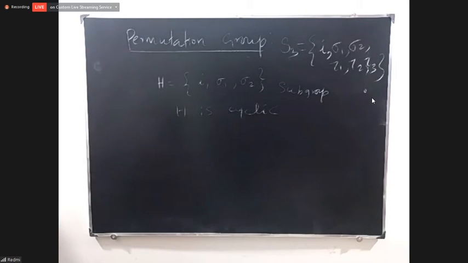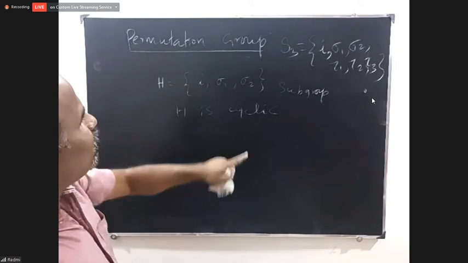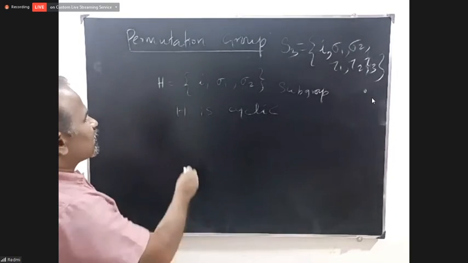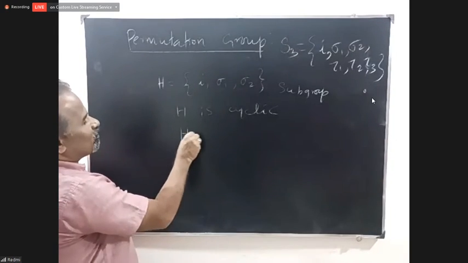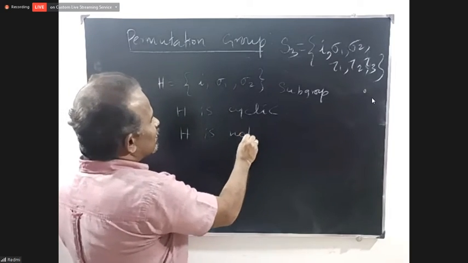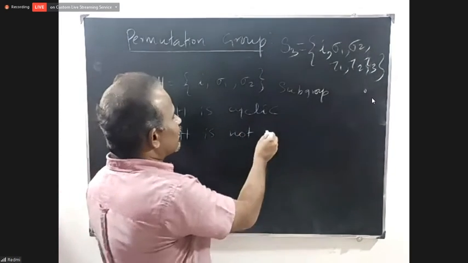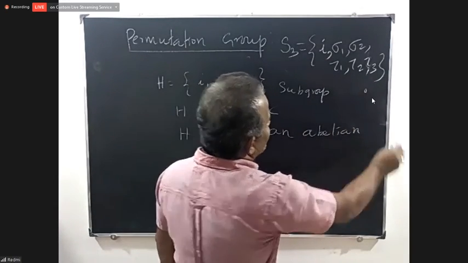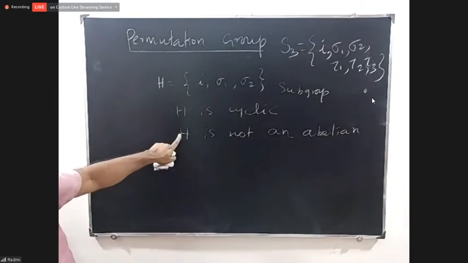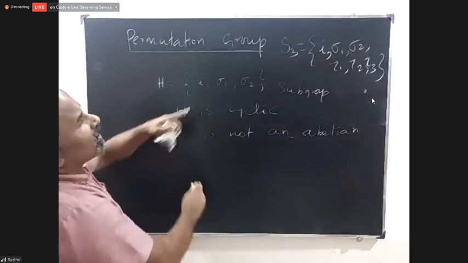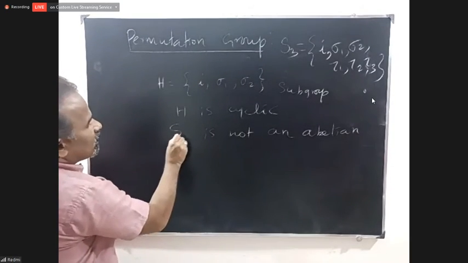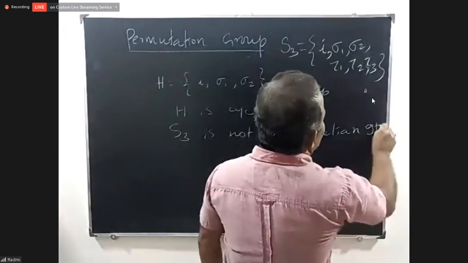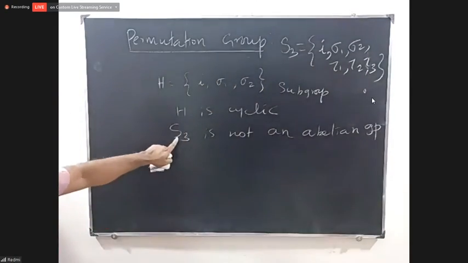The most important thing is that S3, not H, is not an abelian group.